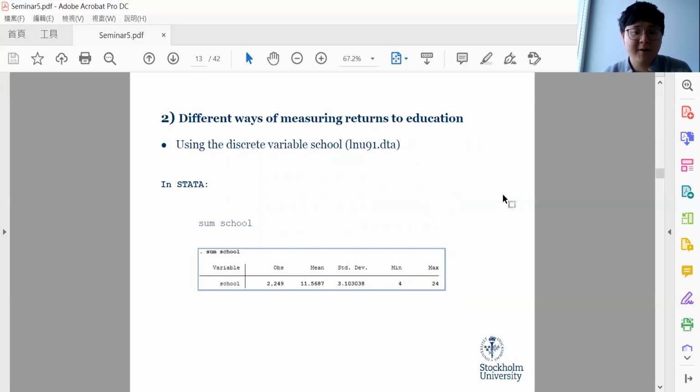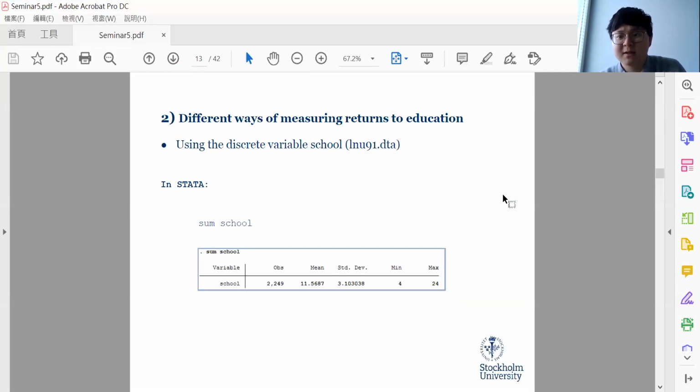It's also related to something we talked about before. We can use different ways of measuring returns to education. How does this relate to your topic? They measure the same thing, the returns to education.